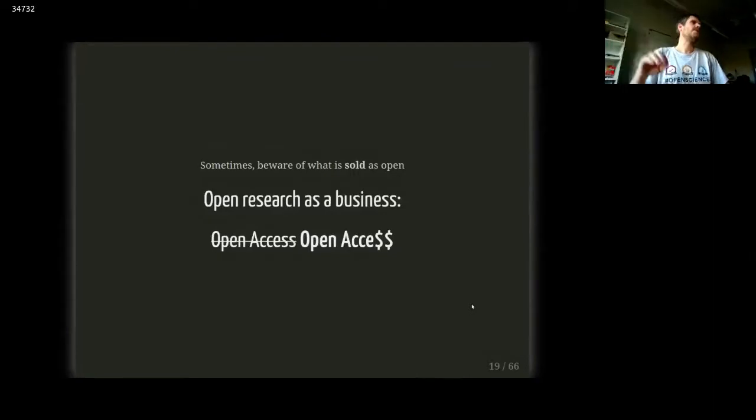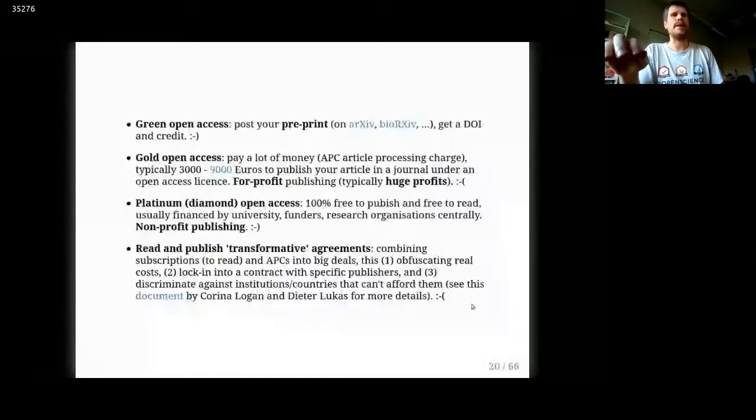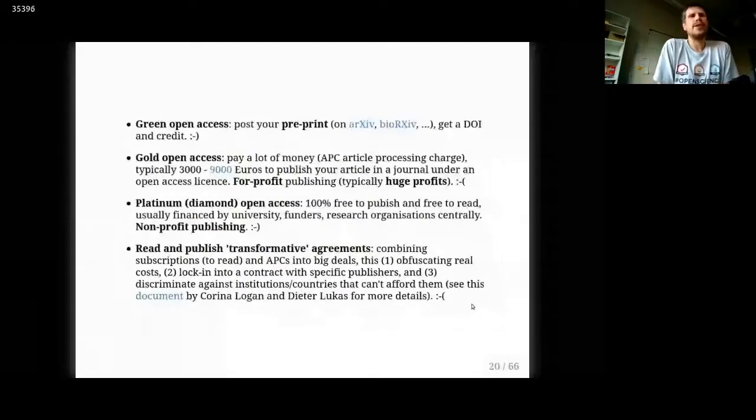So I just want to briefly mention a very perverse side effect of open research and open research as a business. Lots of things are sold as being open, but I'm not convinced they are. And I think open access, a very lucrative business model, is a really good example thereof. So maybe you're already familiar with these different terms.